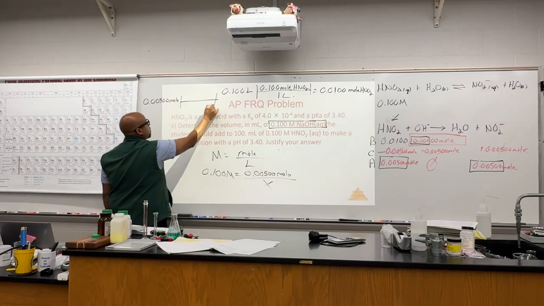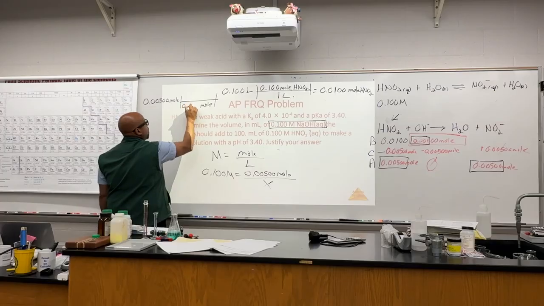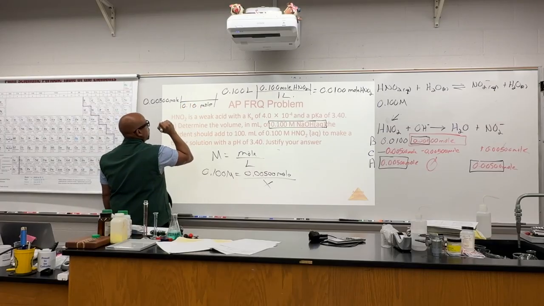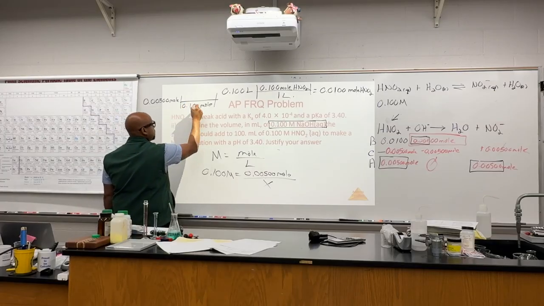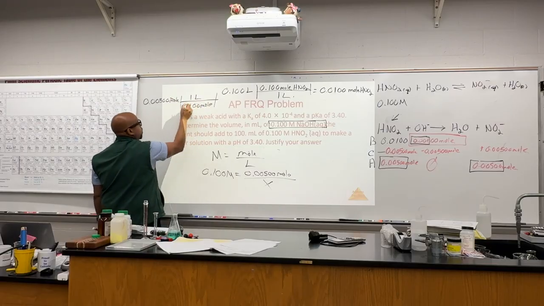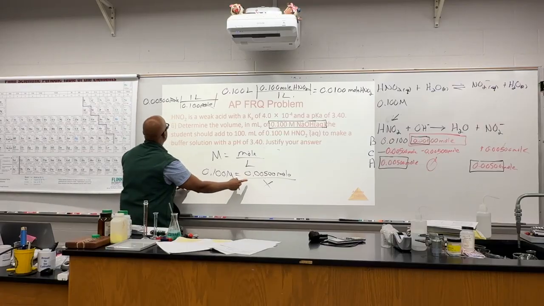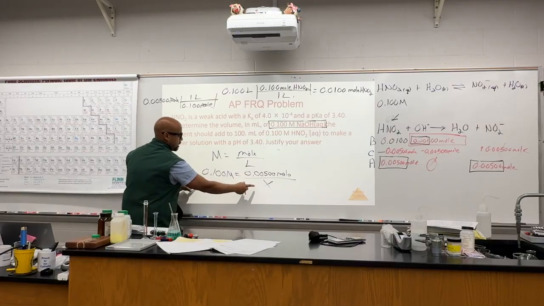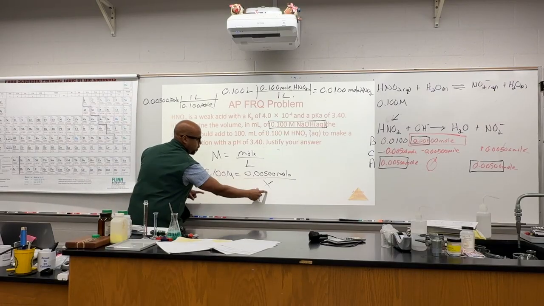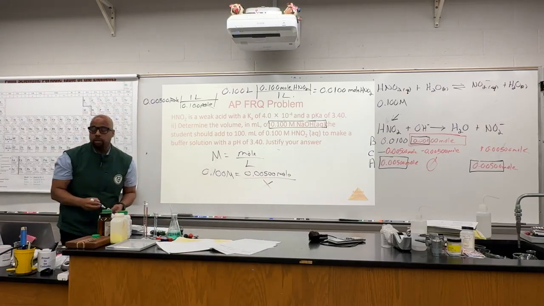The concentration, well, I want moles to go down here, so that'll be 0.100 moles per every 1 liter. Moles will cancel out, and it'll be this number divided by the 0.1, and that's exactly what I got right here.